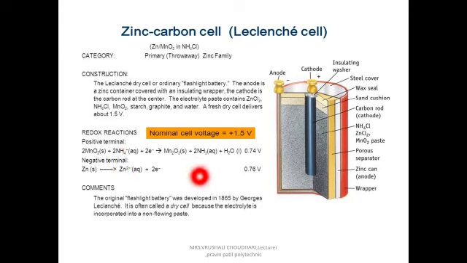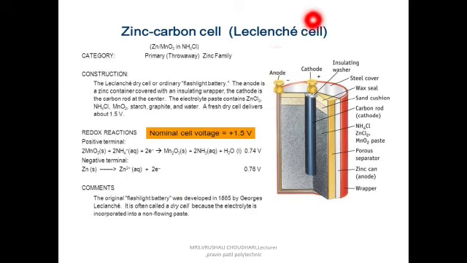During the reaction, when it is connected to the external circuit, we observe that zinc, as it is more reactive, has a tendency to lose electrons and become Zn2+. These electrons move from the anode towards the cathode through the external circuit. At the anode, electrons are liberated.